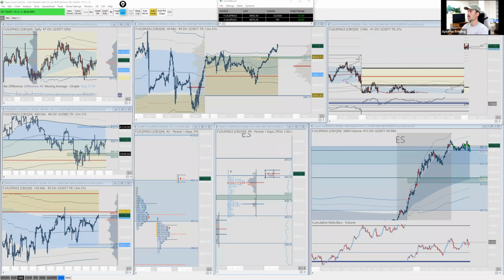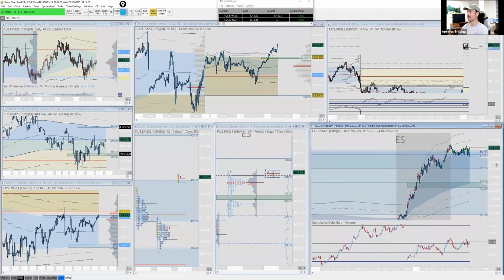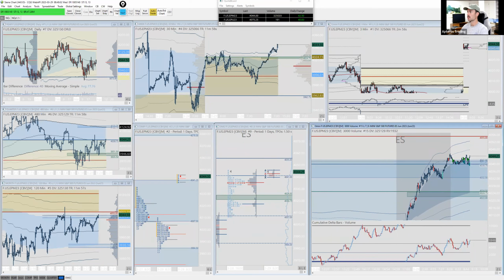Once more, we'll join the lifting of buyers and price to see if we can get continuation. I am putting hard stops in the market because of what we saw a moment ago.